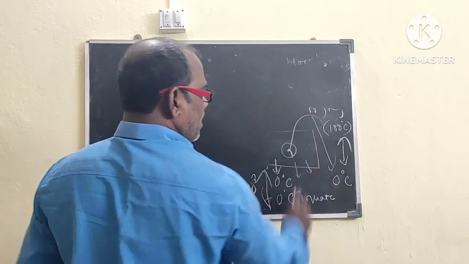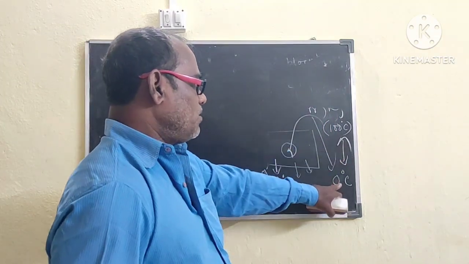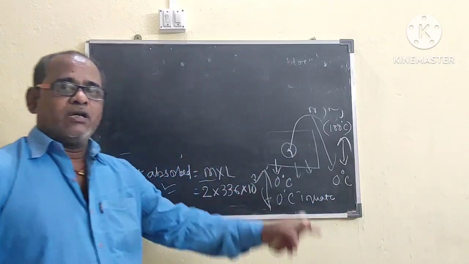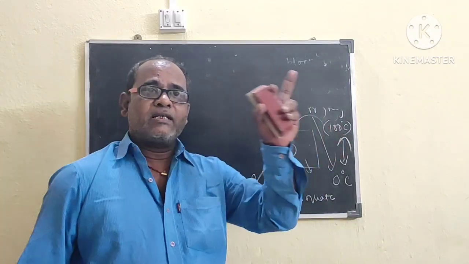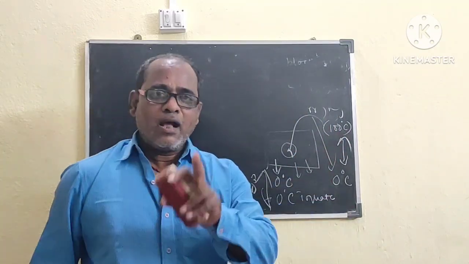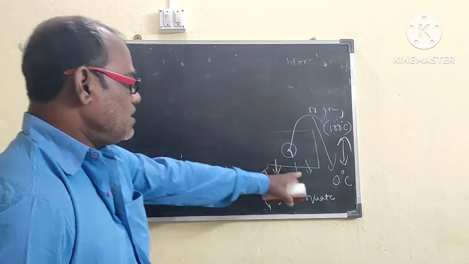When water is poured down, it goes from 100 degrees to 0 degrees. So there is a change in the temperature of the water, that is 100 minus 0, that is 100. So what happens over here?